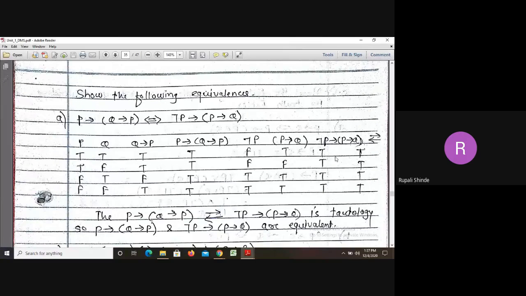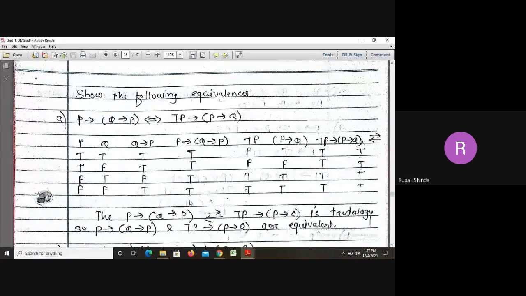Now we have to check whether biconditional between P conditional Q conditional P, that is this fourth column, and negation P conditional P conditional Q, that is this second last column, is tautology. If it is, then we can say that these two formulas are equivalent.